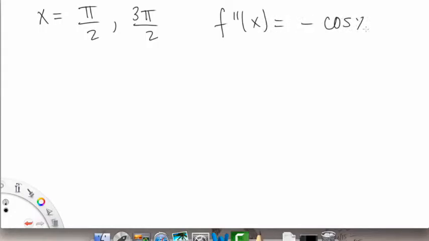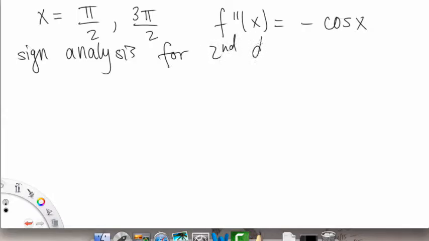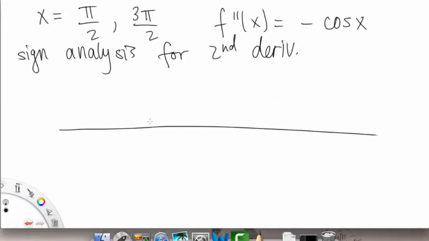So we found what can be called the critical points for our f double prime of x, this one and this one here, and we know that f double prime of x was equal to negative cosine x. So we're going to do a sign analysis for the second derivative. We draw our number line and plant the critical points on the line, pi over 2 and 3 pi over 2.